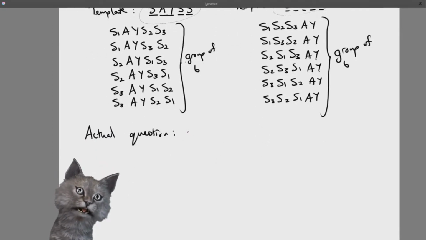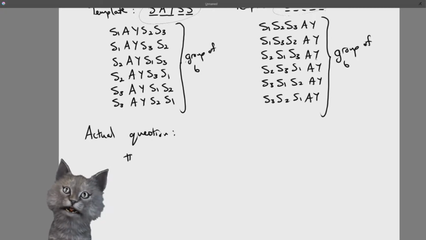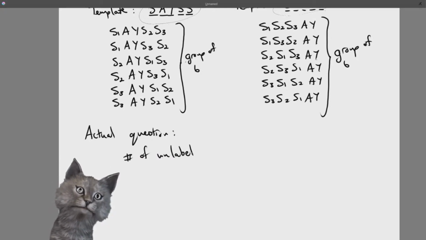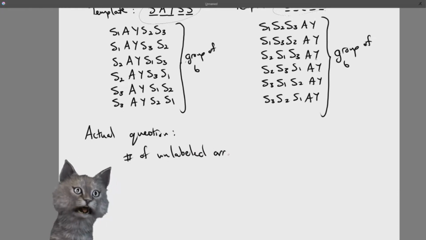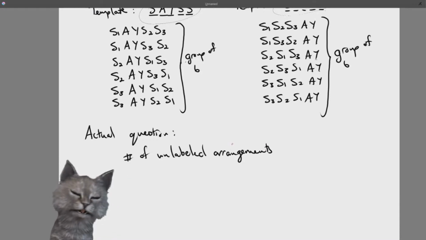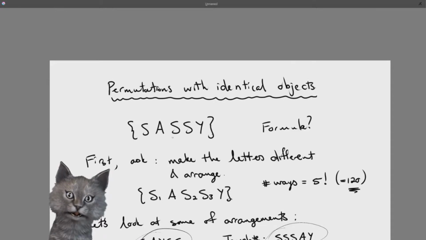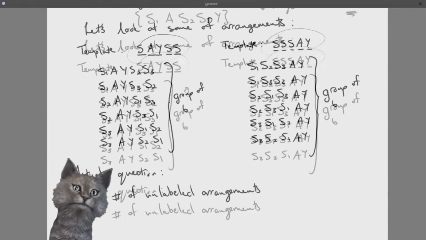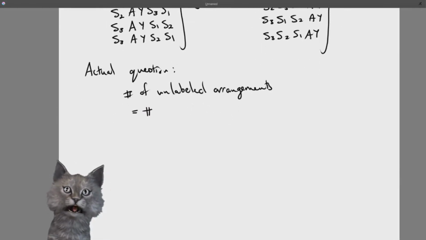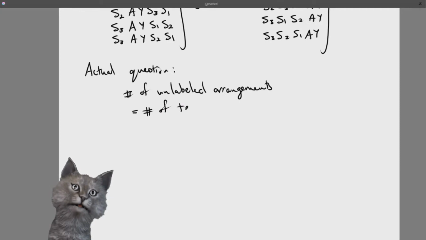So the actual question, which we can say is the number of, I'll call them unlabeled arrangements. Just so we can remember, this is the one that the question actually wants. The original Sassy. The S's don't have any labels. That number is the same as the number of templates that we can make.